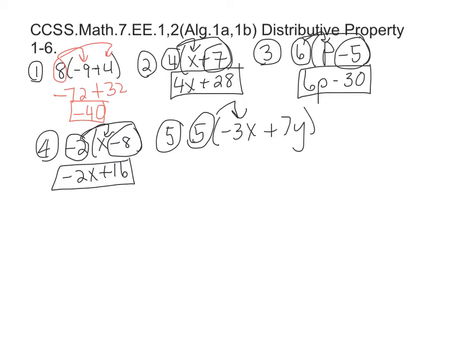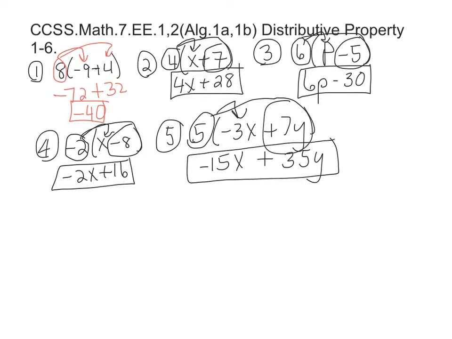So 5 times -3x is -15x. You're multiplying each term. So there's 2 terms in here. So 5 times 7y is plus 35y. -15x plus 35y is the answer as far as you can go, because you can't put x's and y's together.